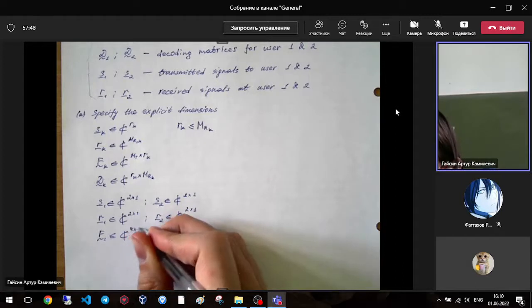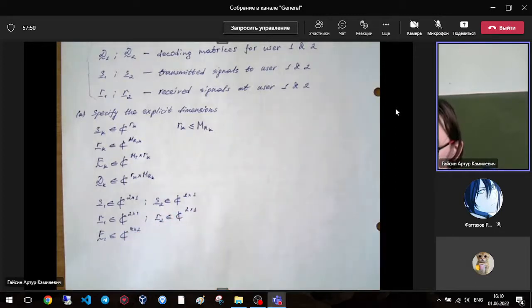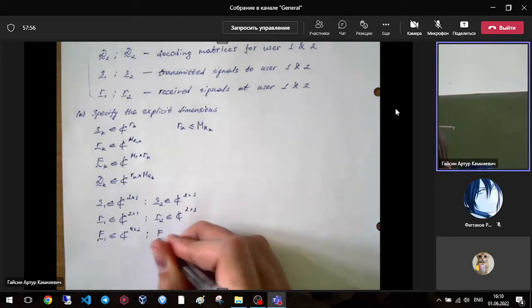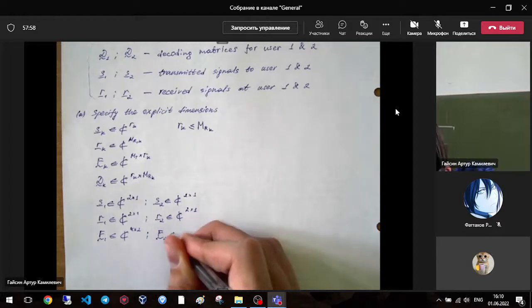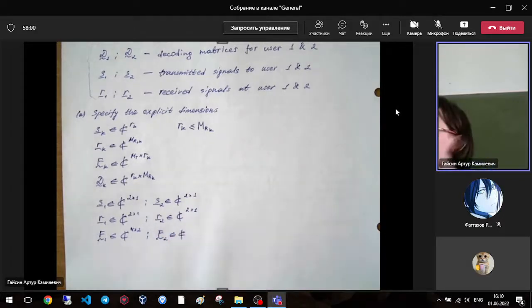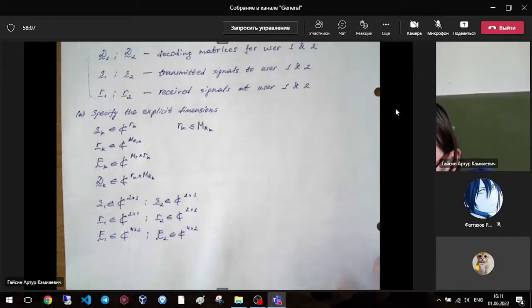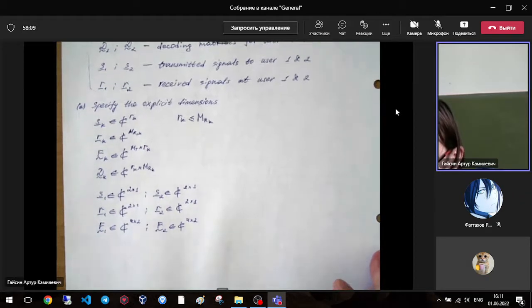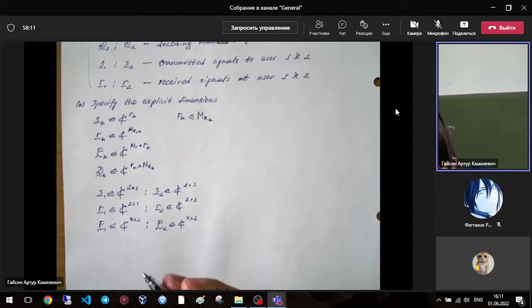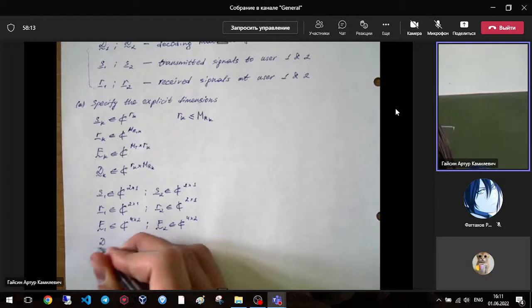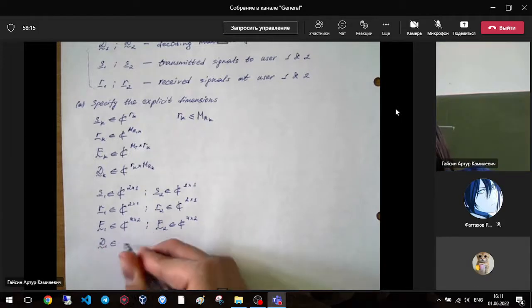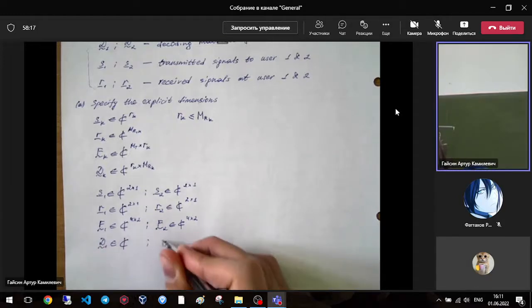Because the number of transmit antennas at the base station is 4, and the number of receive antennas is 2. And for the second user, yes, it is the same, 4 times 2. And the last thing here is the decoding matrix, D1 and D2.